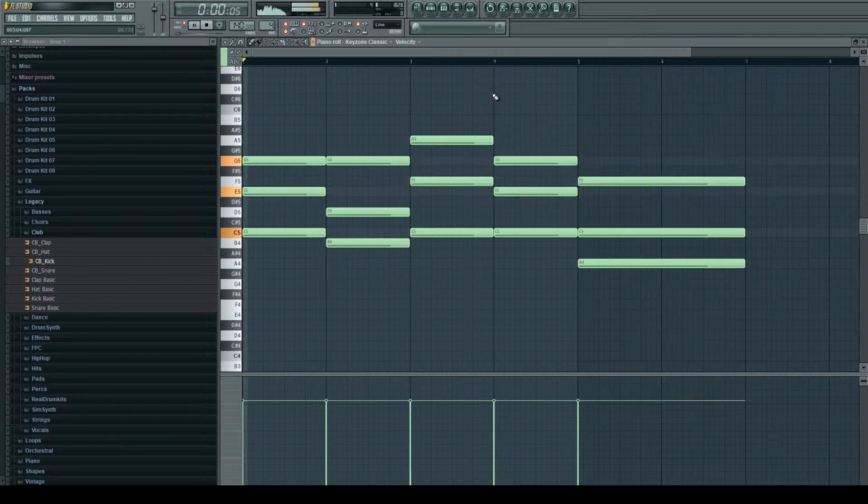Without the dominant 7, it just sounds like I went to the 4th chord of the C major scale. See? It doesn't sound like it ended anymore.